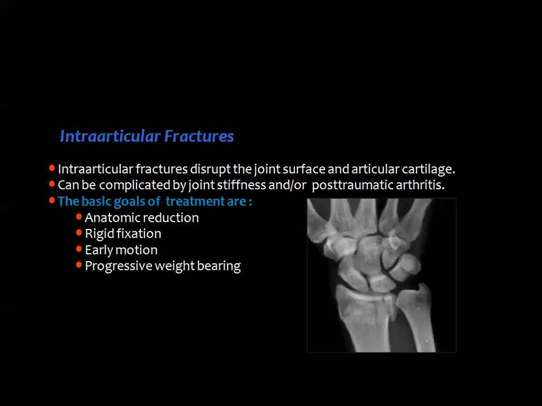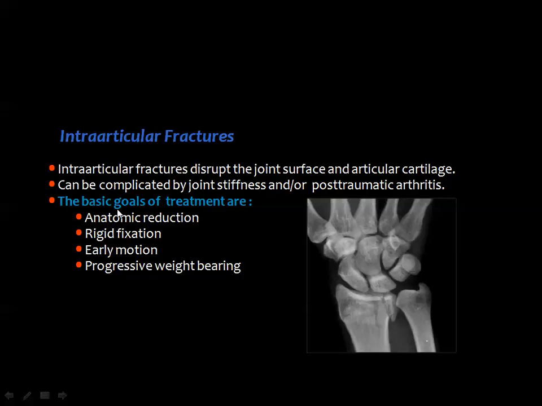Intra-articular fracture is a very important type of fracture which involves the articular surface of the bone. And you know that this fracture is usually complicated by joint involvement, and there may be some loss of function of this joint or the development of early osteoarthritic changes.